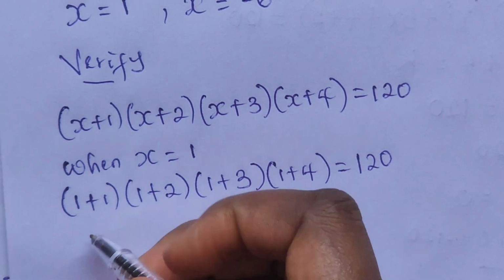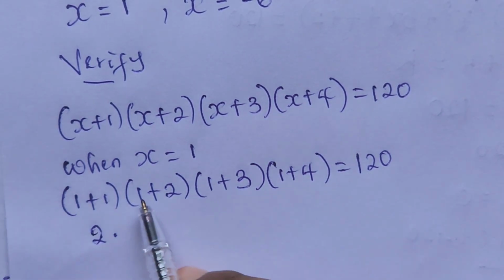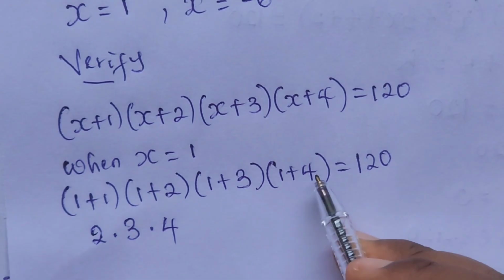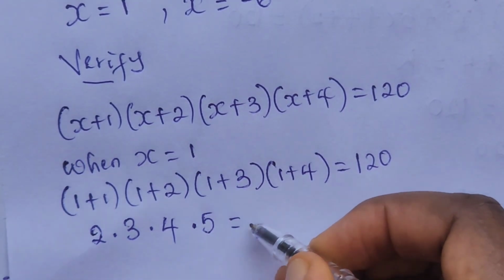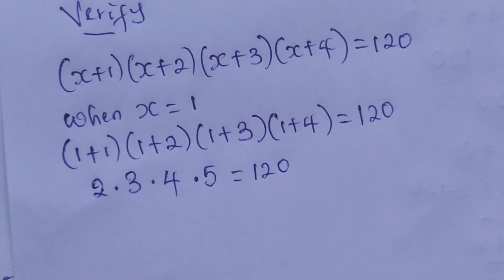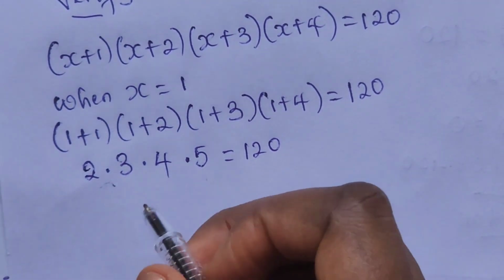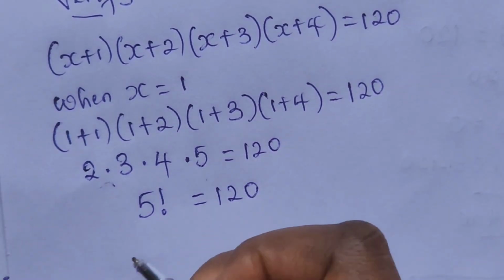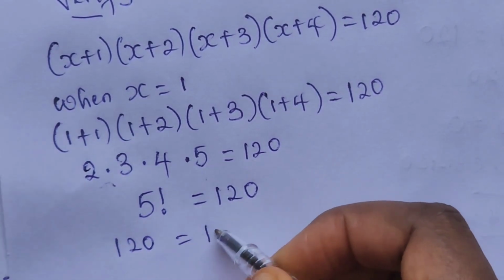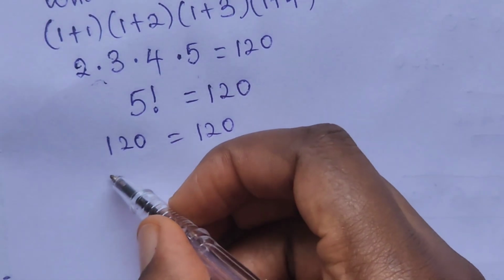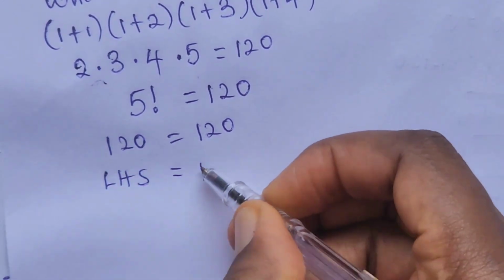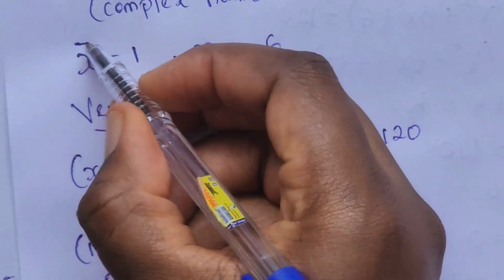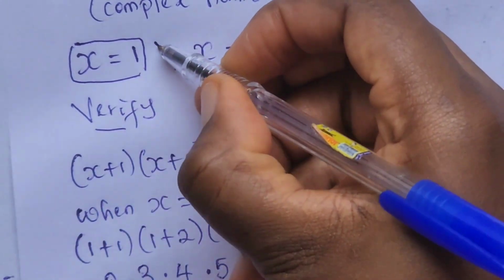From here we have 1 plus 1 to be 2 times 1 plus 2 to be 3, 1 plus 3 to be 4, and 1 plus 4 to be 5. So when we multiply through, we have 5 factorial equal to 120. So we have 120 equal to 120. So the left hand side equals the right hand side. So the first value of x, 1, is verified.